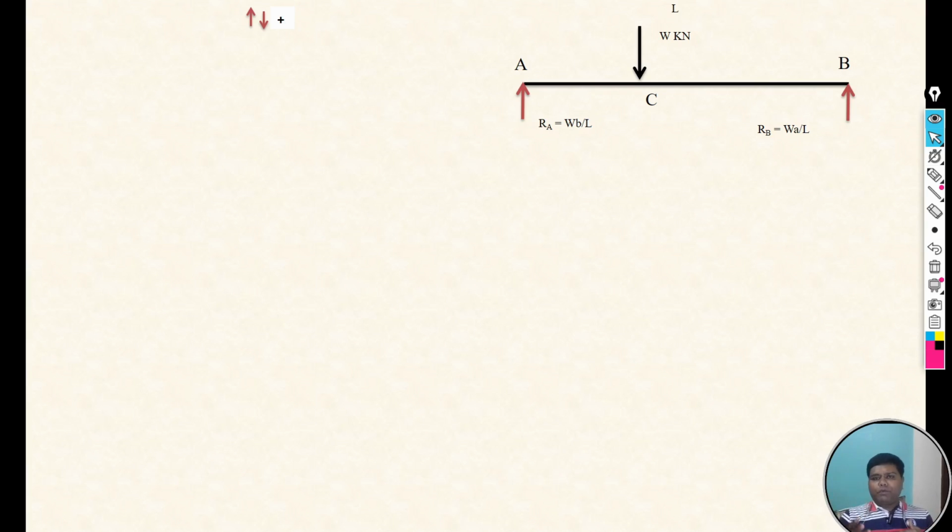So here we have 3 points, that is A, C and B. It means we need to take the section at A left, A right, then C left, C right, and then B left, B right.